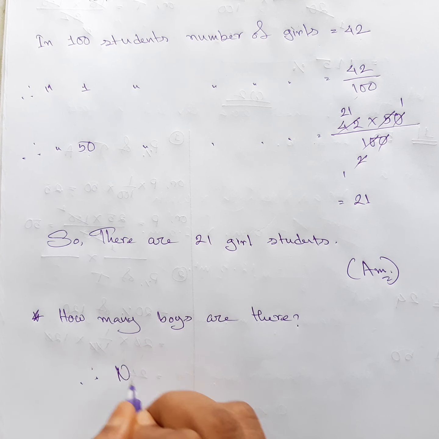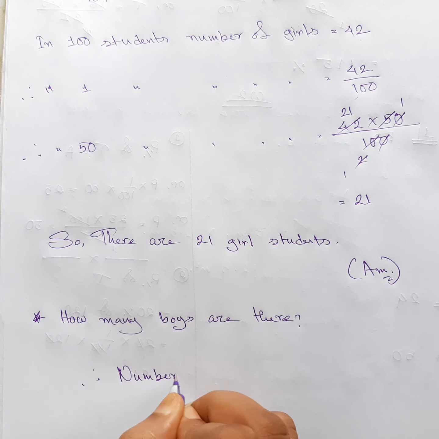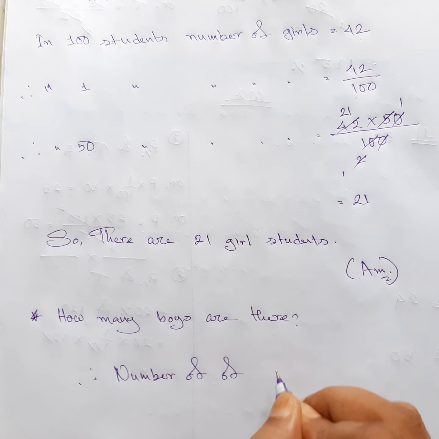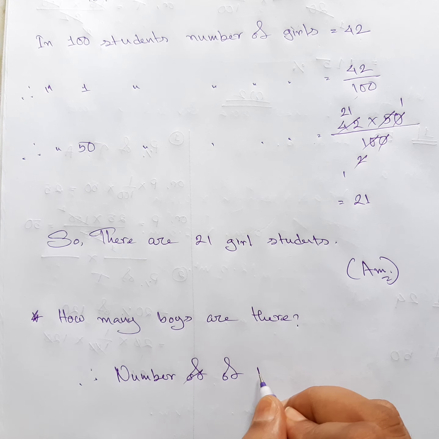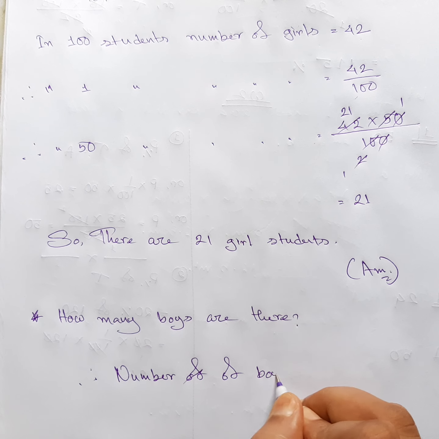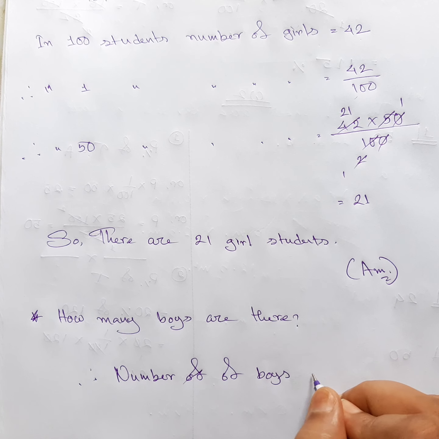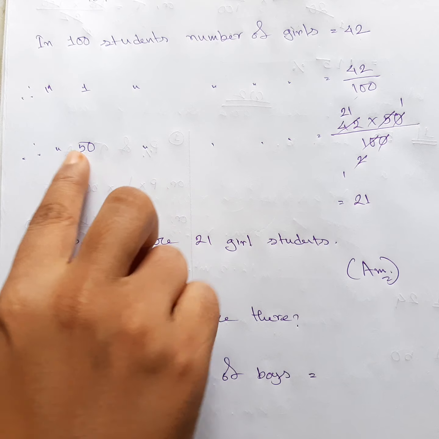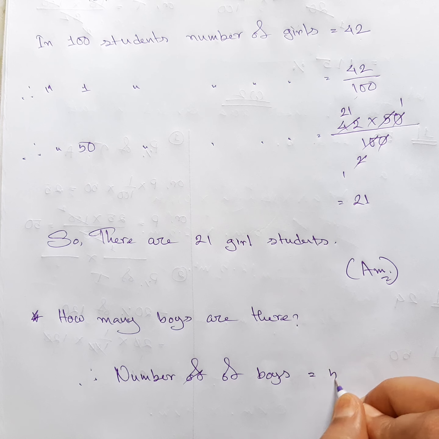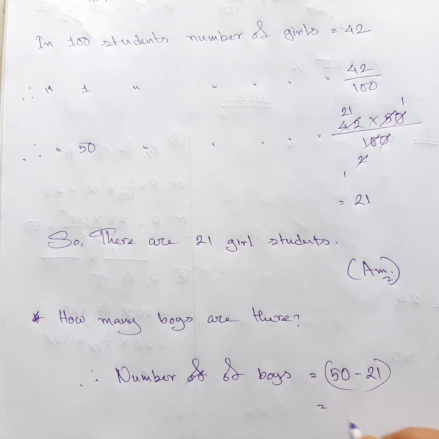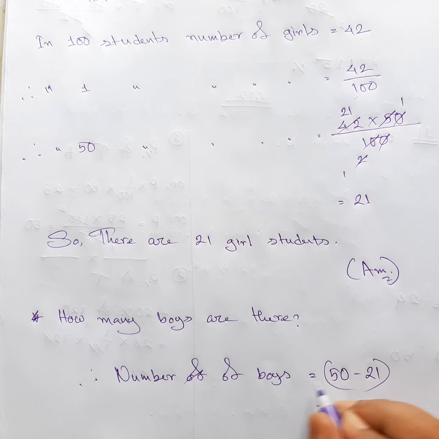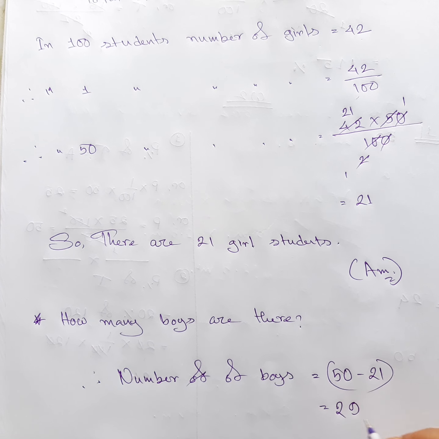Therefore, the number of boy students is the total number 50 minus 21, equal to, you tell me, there will be 9 and there will be 2.